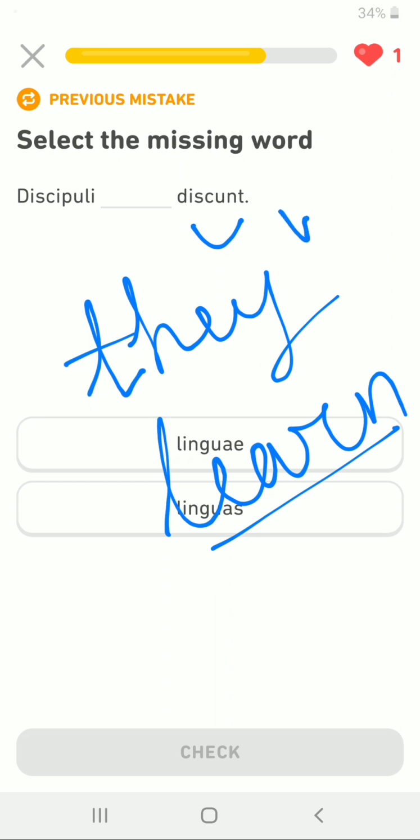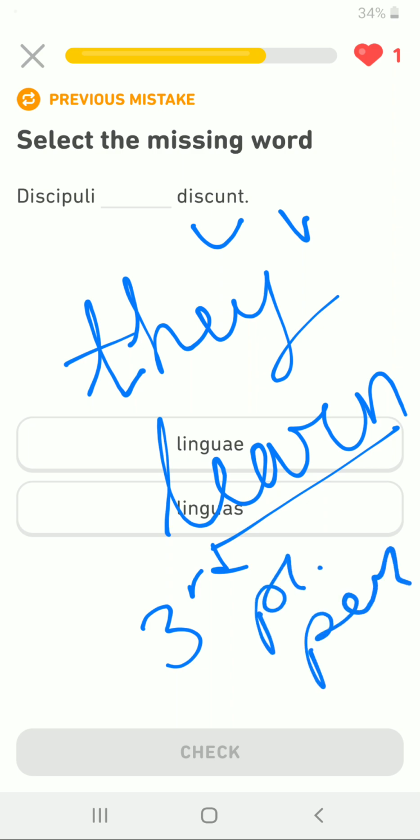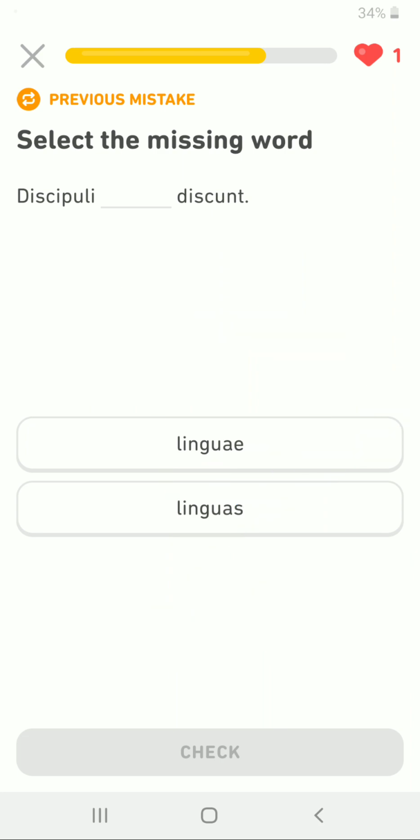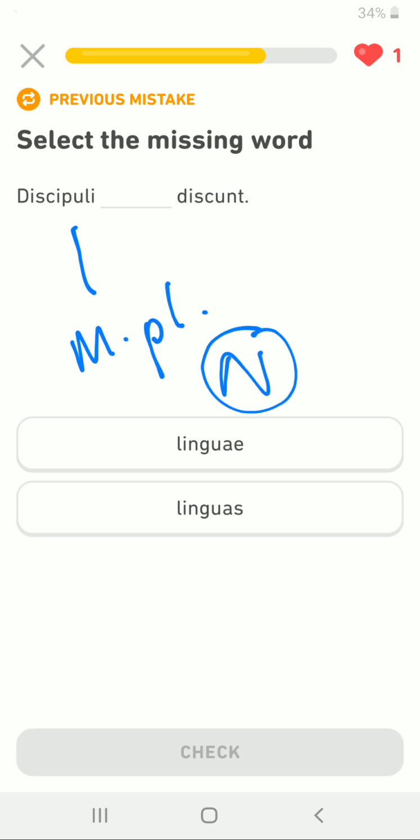We know it is the third person plural, and so who is the subject? The subject is discipuli. Discipuli is the male plural in the nominative form, of course. So they are doing the action. They are learning. And what are they learning?